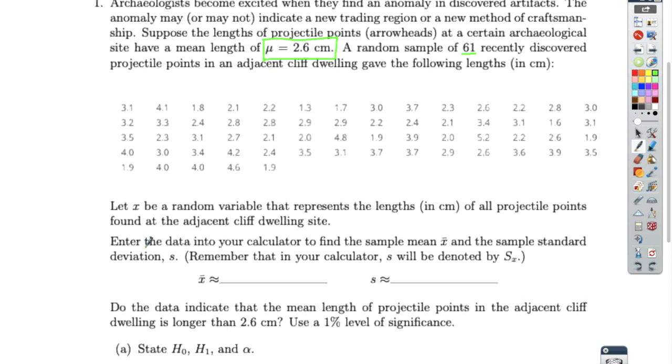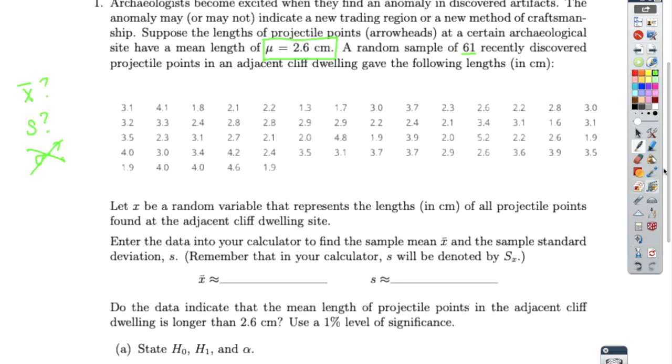First of all, notice the problem did not give you your sample mean. It also didn't give you your sample standard deviation, and it also didn't give you your population standard deviation. So we'll have to find this stuff. So enter the data into your calculator to find the sample mean and the sample standard deviation.